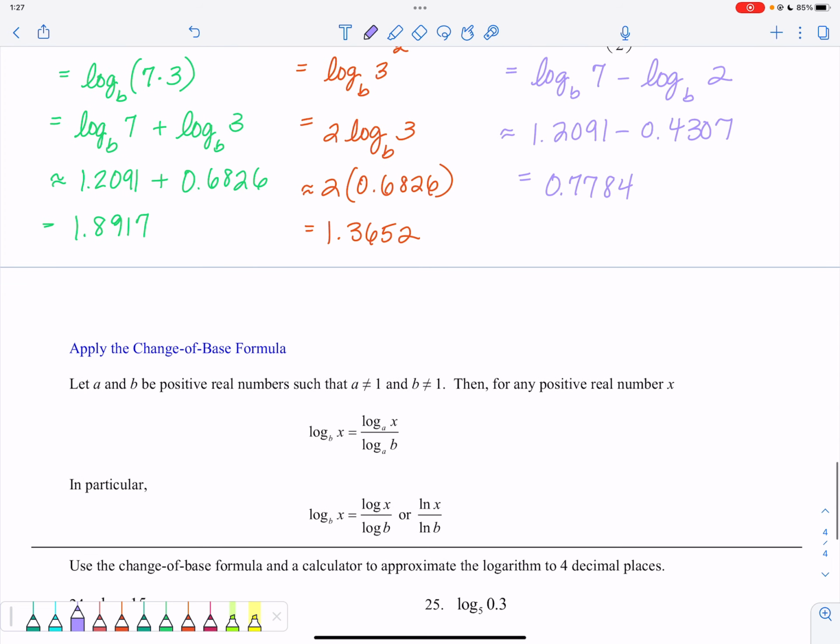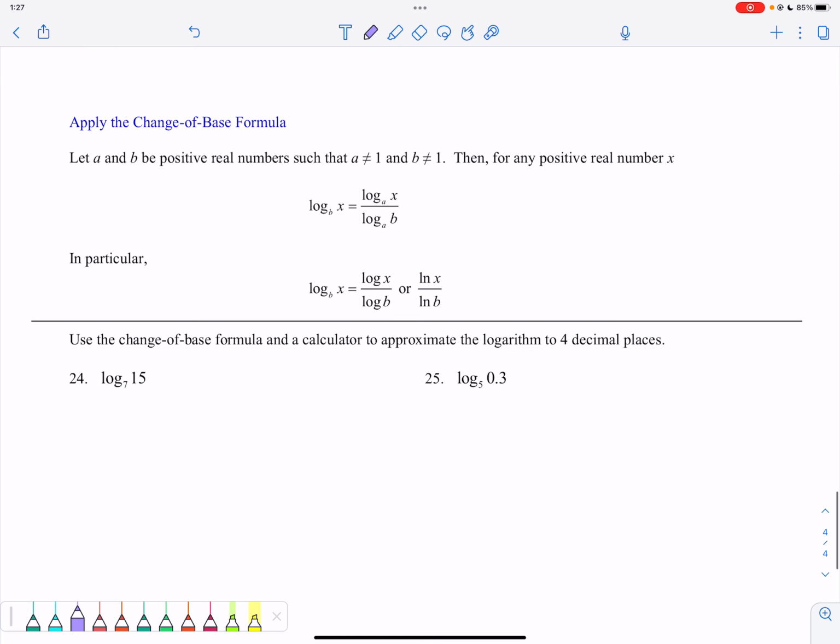Okay, now we will conclude this section with the change of base formula. And what's really nice is that we can have any base we choose, no matter what base is given. Okay? So, a and b are positive real numbers, and a can't be equal to 1 and b can't be equal to 1.